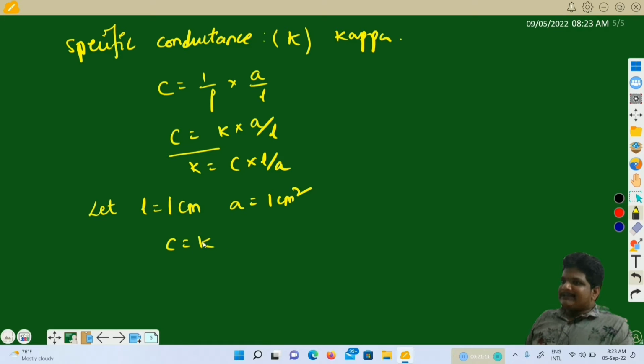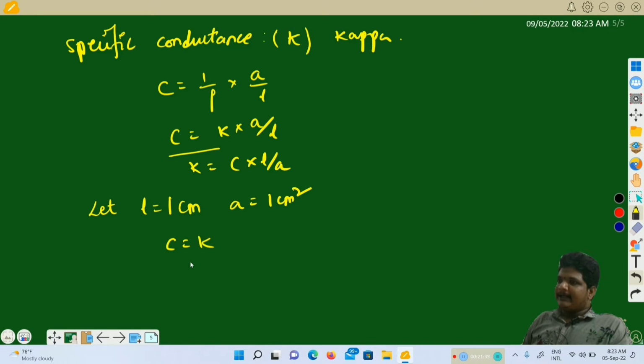It means the specific conductance of an electrolyte solution is the conductance offered by all the ions present in the 1 centimeter cube area. So in the case of specific conductance, it is the conducting power of all ions present in the electrolyte solution which is in 1 centimeter cube area.